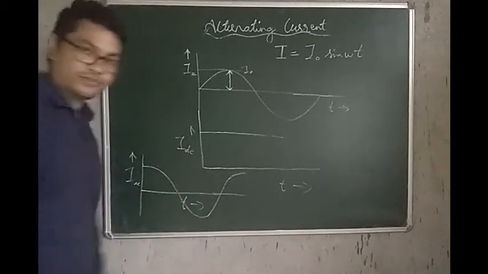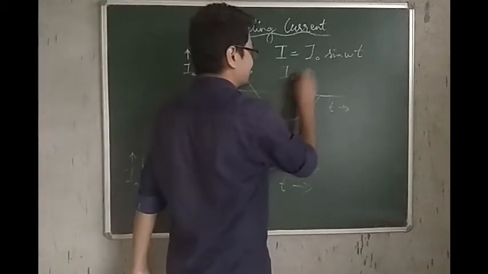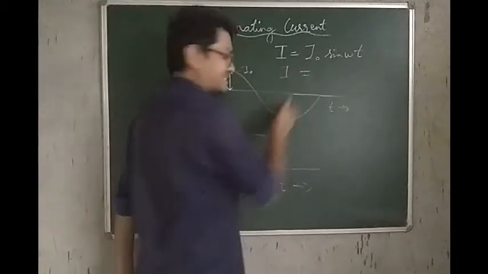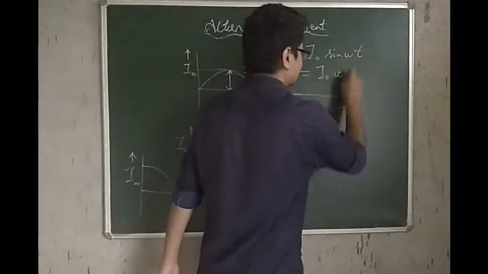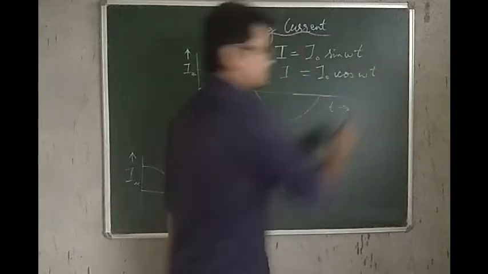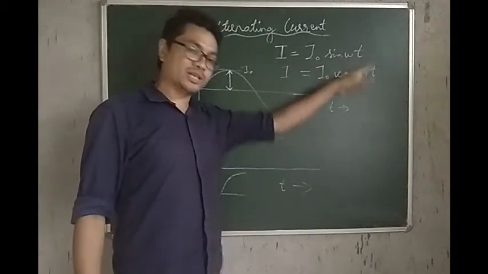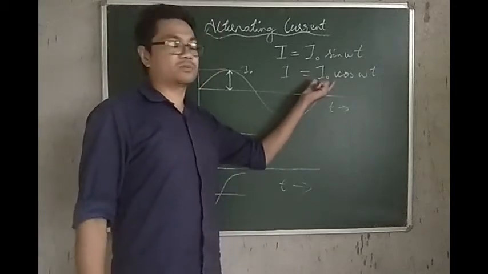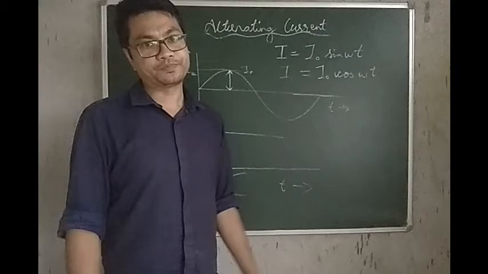This is a cos wave. So alternating current can also be represented by this equation: the instantaneous value of the current, I, is I naught cos omega t. In some books you might see alternating current represented by I naught sin omega t, in some books it is written as I naught cos omega t. Both are equally true, remember.